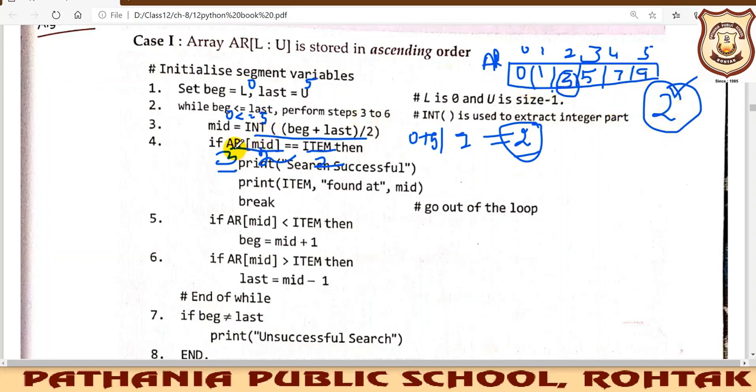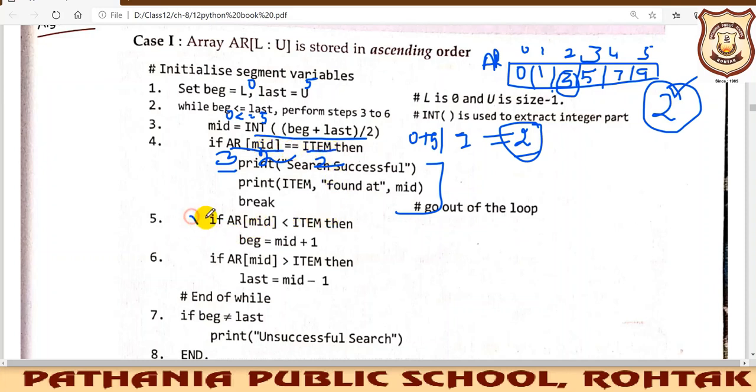AR mid is not equal to item, so 3 is not equal to 2, and these statements will not be executed.